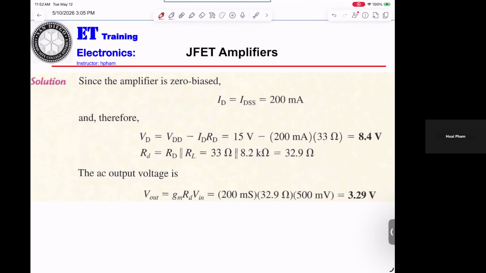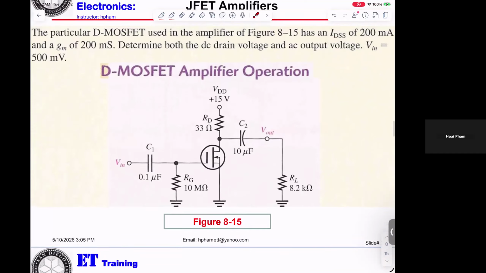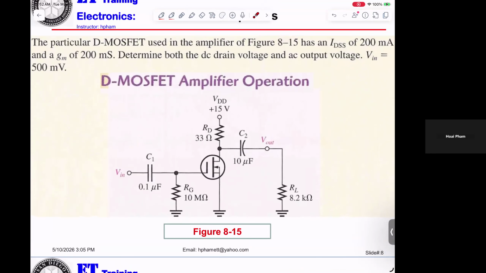Basically, they're talking about output impedance, so it will be equal to RD parallel RL. You see, this is AC, so the DC will be grounded.